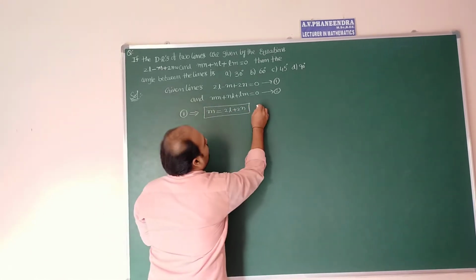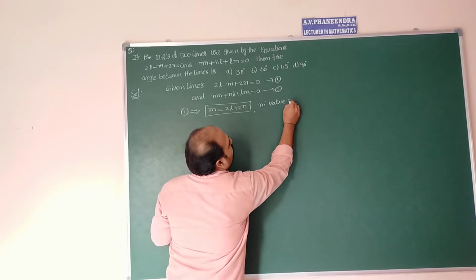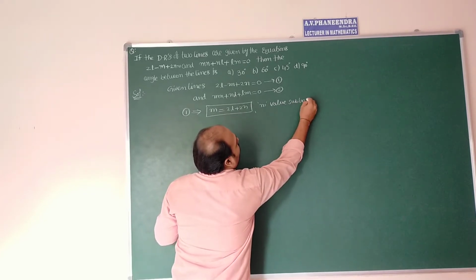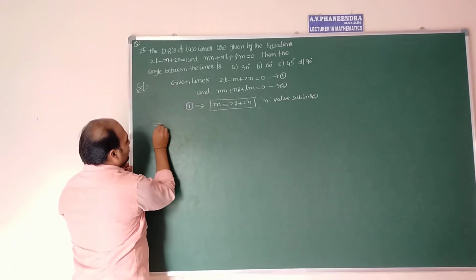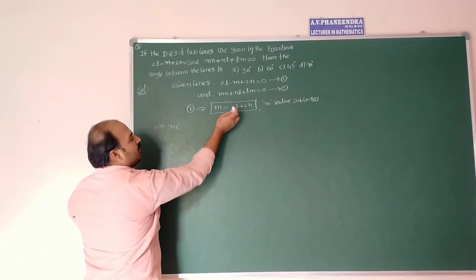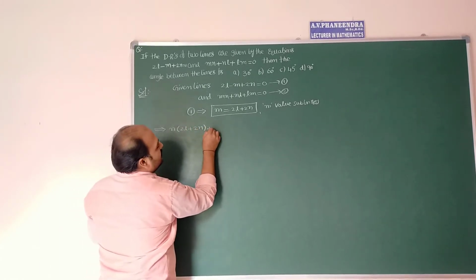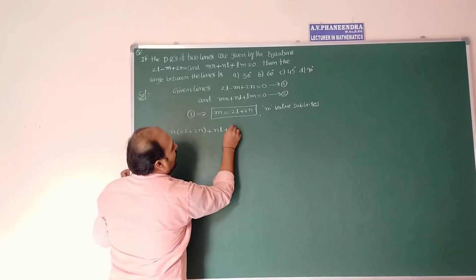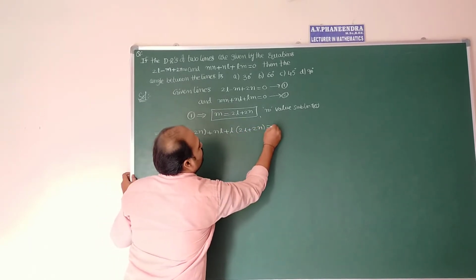Substitute the M value in equation 2. So wherever M is there in the equation, N into, in place of M, 2L plus 2N, plus NL plus L into, in place of M, 2L plus 2N is equal to 0.